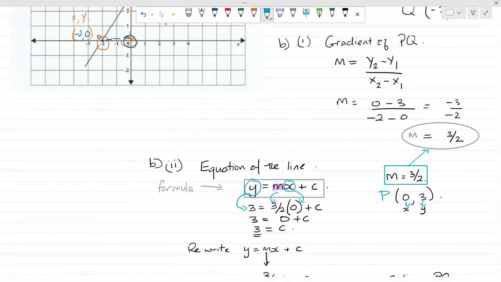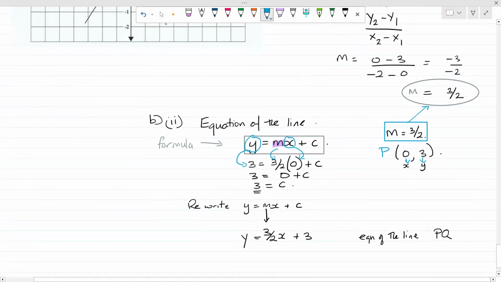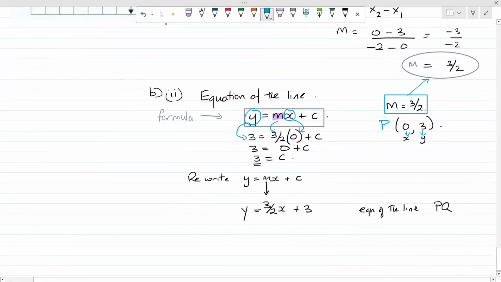So they're actually making it easier for us. Because now I'll just remain with c is equal to 3. The equation of a line is always in the form y is equal to mx plus c. But we will usually have numerical values for the m and the c. And that's what we needed to find. We already found what m was, and we use our knowledge of m and the point P, which gave us an x and a y value, in order to work out what c is. So I could write it like this. So these are the only two things that I put number values for. This will always be an x and a y for any equation of a line.